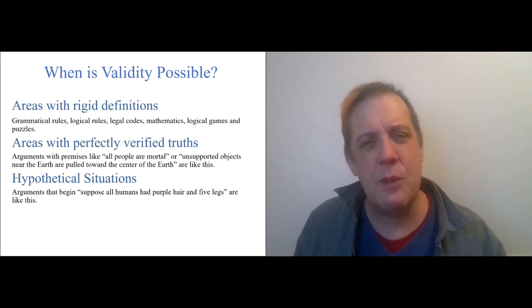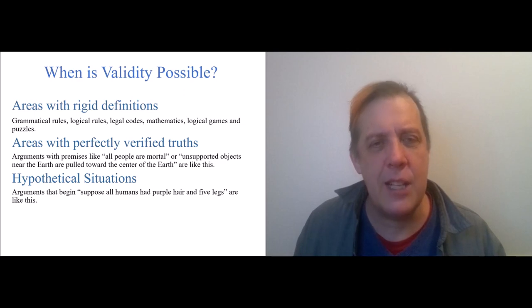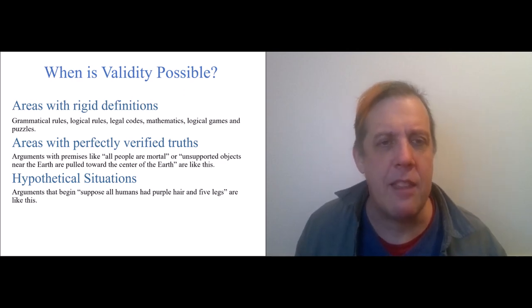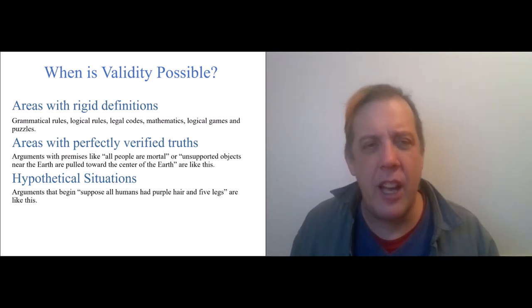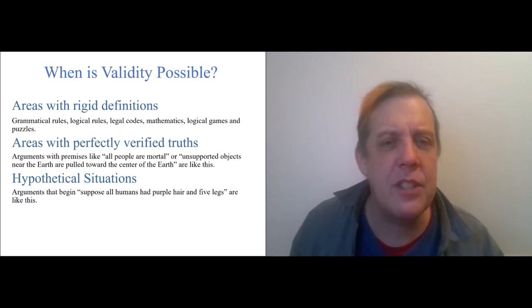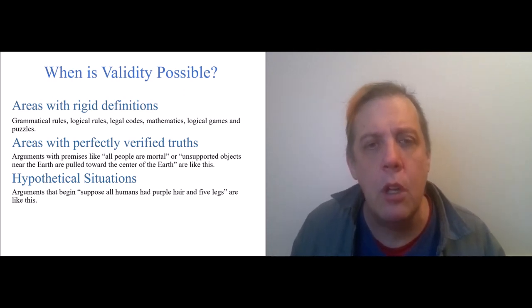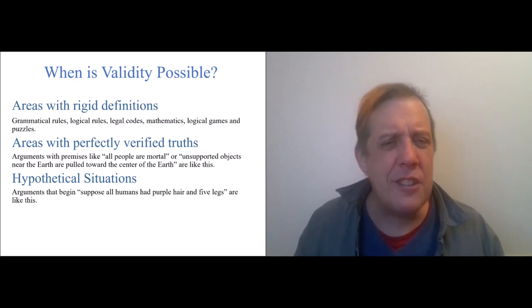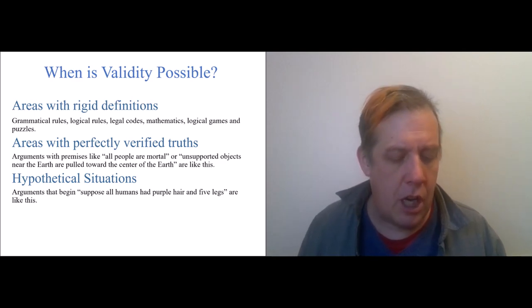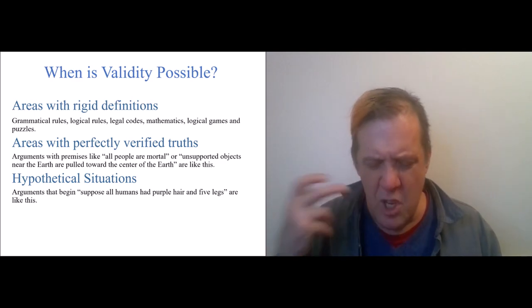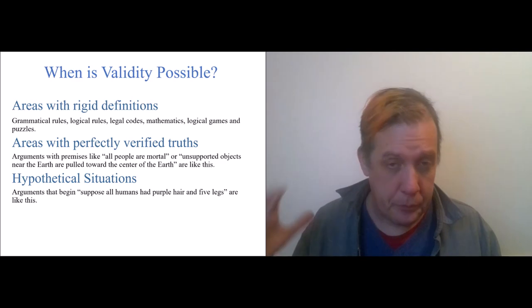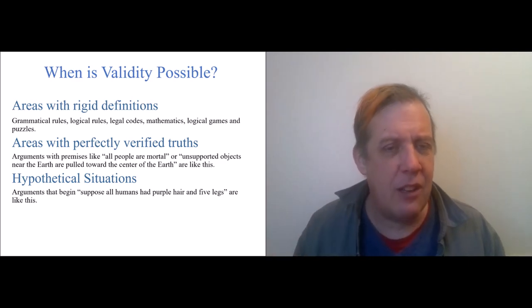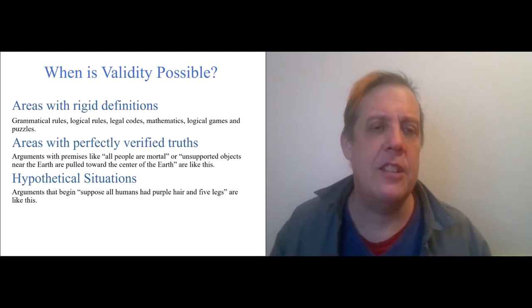Also, if we've got truths that we accept so naturally that they seem like mathematical truths, then we can go ahead and say that. So arguments with premises like all people are mortal, or unsupported objects near the earth are pulled toward the center of the earth, those statements are universal enough that we can say there's a valid argument that's possible.